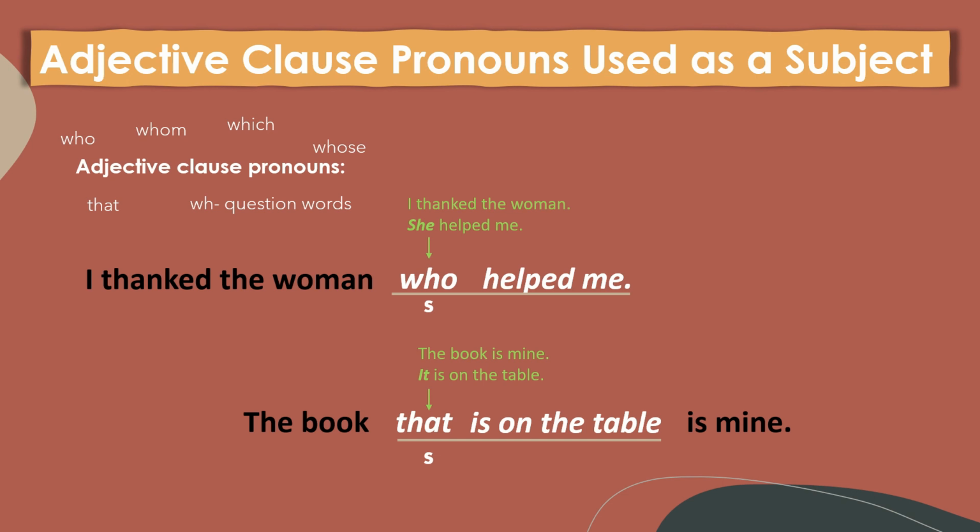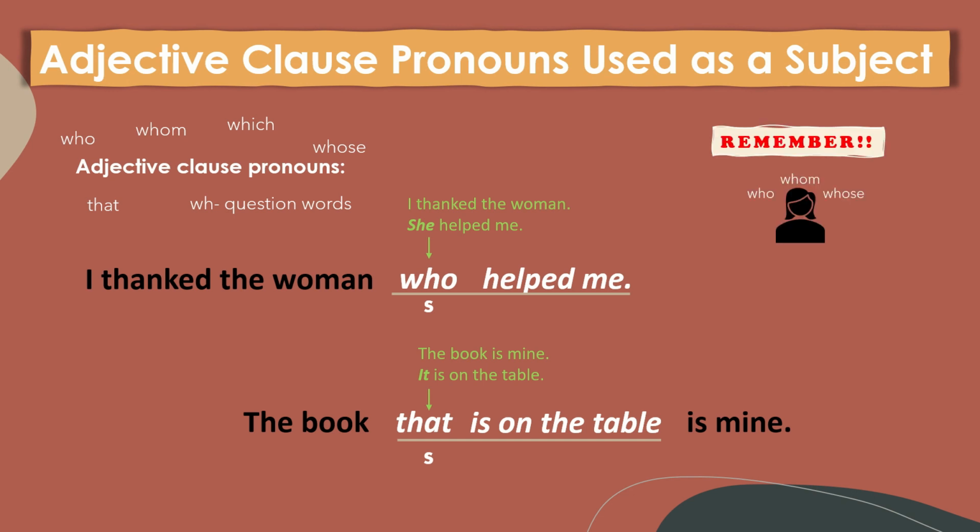It means that the pronoun works as the subject of a clause. It is not a noun anymore that works as the subject. You have learned that the subject must be filled with a noun, right? Or pronoun maybe. But here, the pronoun who, that, not the noun, okay? The pronoun that is not really a noun can also be a subject of the sentence if it is an adjective clause pronoun.